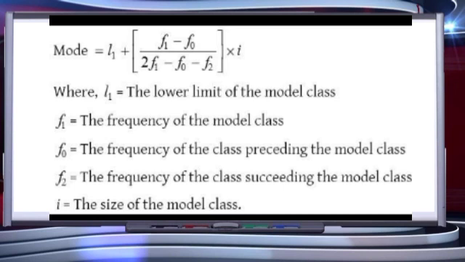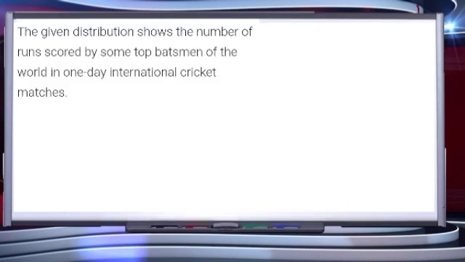Now let us understand how to find the mode with the help of an example where we will use this formula. The example: the given distribution shows the number of runs scored by some top batsmen of the world in one-day international cricket matches.